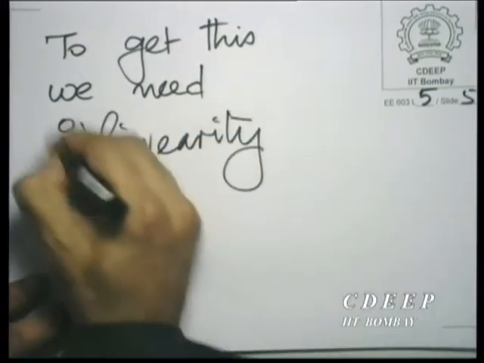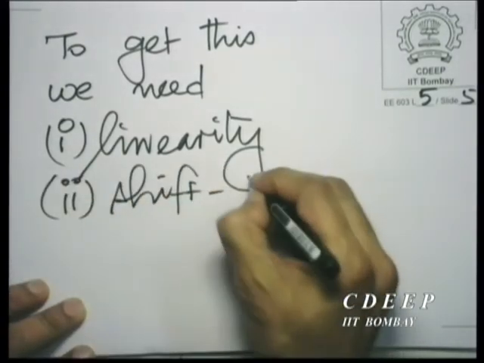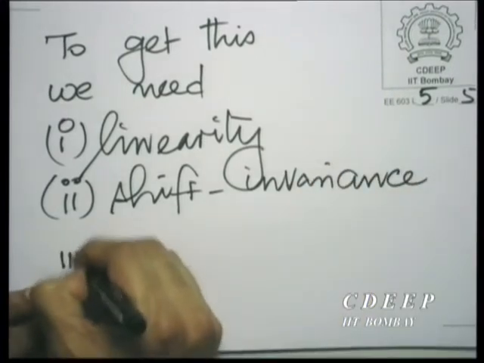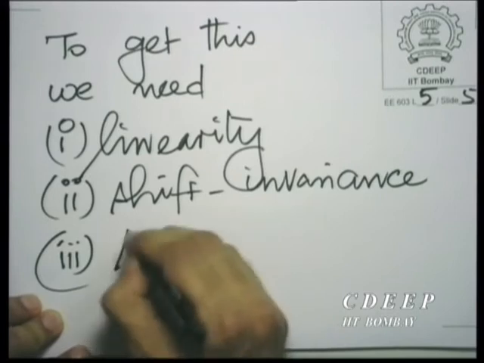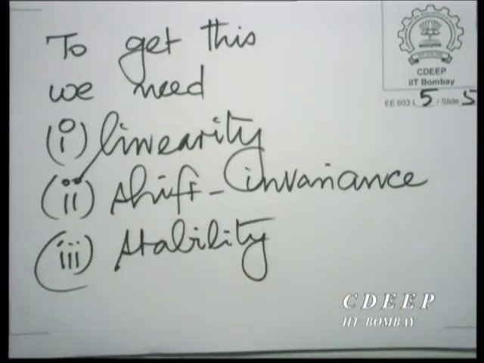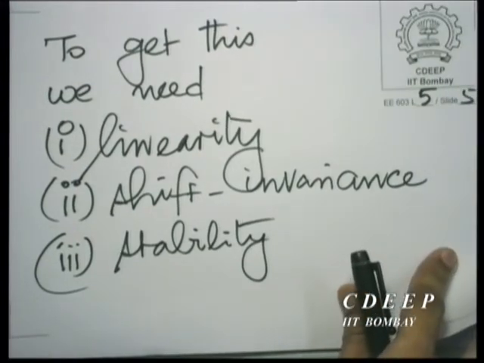We need linearity, we need shift invariance, and we need stability. And today our objective is to deal with these properties. What do these properties mean? These are the questions that we had posed in the last class, and we are now going to answer them.